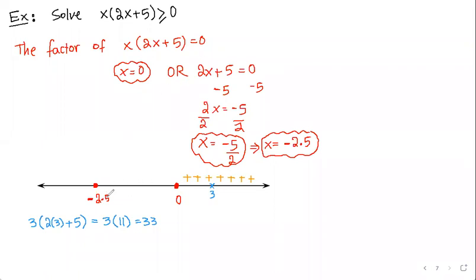Now, pick any number between minus 2.5 and 0. Which number would you like to take? Negative 1. Plug the negative 1 inside this equation.